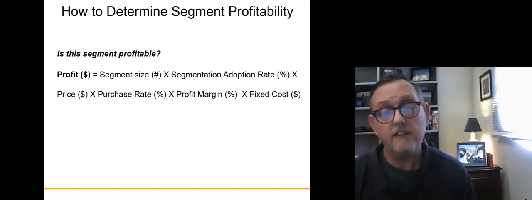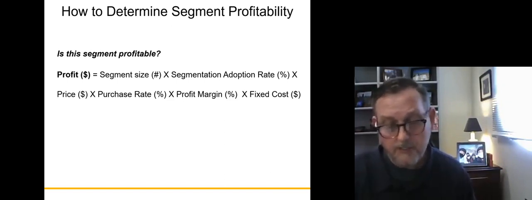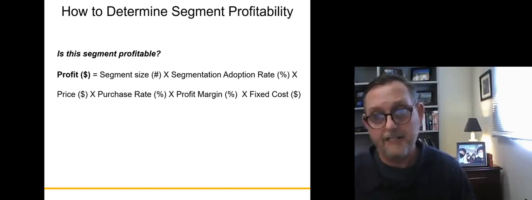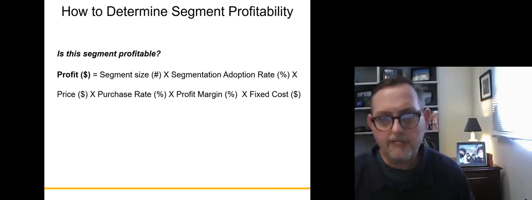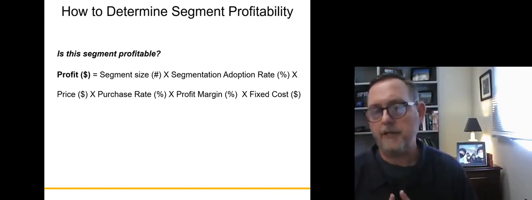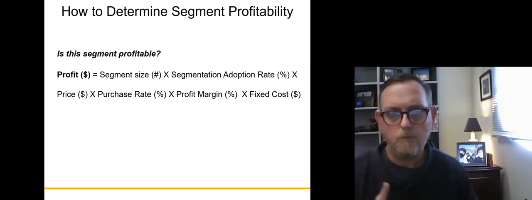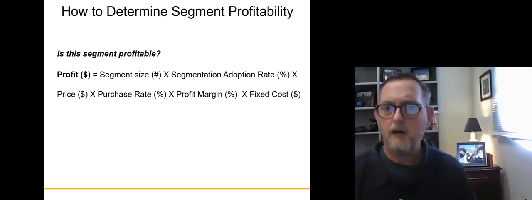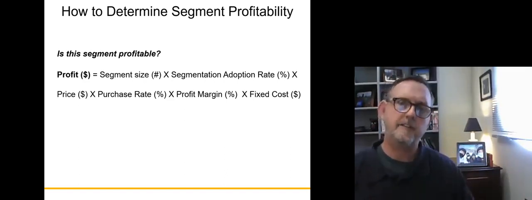All right, now you can pause this, you should write this down, you can think about how you calculate profitability. Each of the components that you just saw are in this. And so segment size, the adoption rate, the price, the purchase rate, in this case it's just one time.